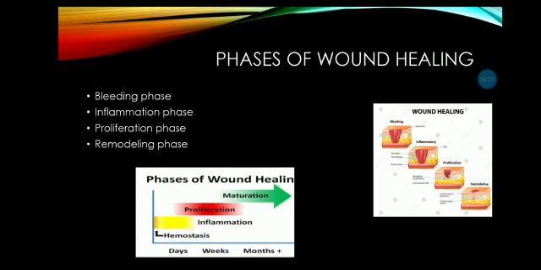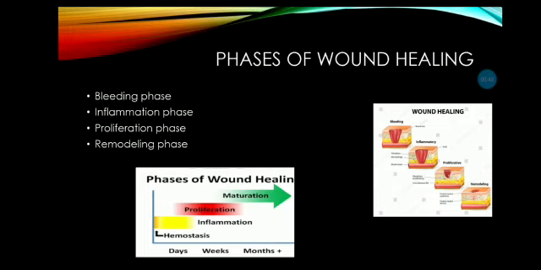As you can see in the first picture, the bleeding phase lasts for 1 to 6 hours. It depends on the type of wound and the type of injury, like open wound and closed wound.